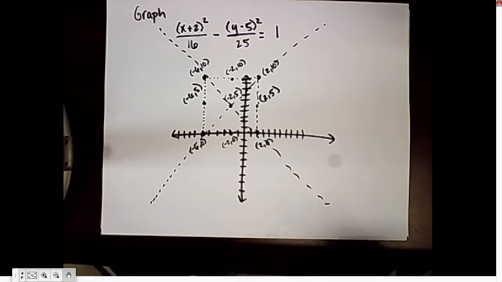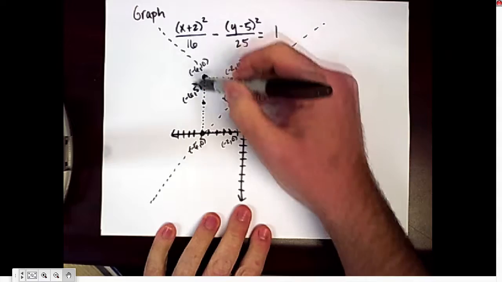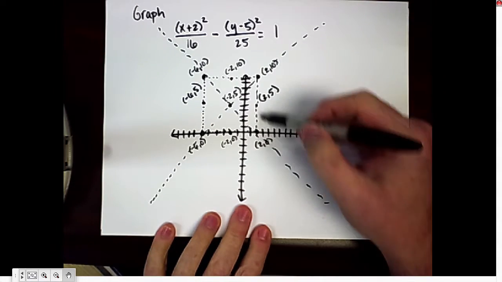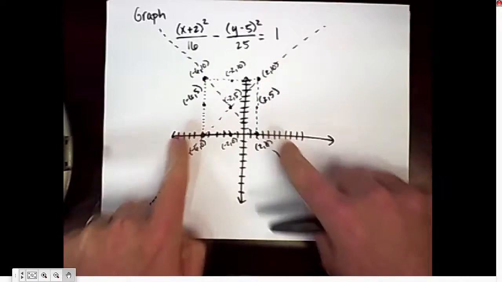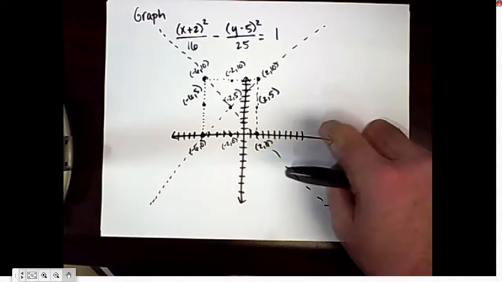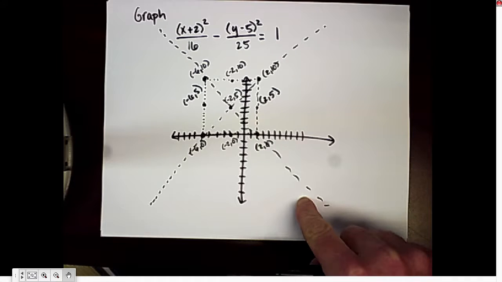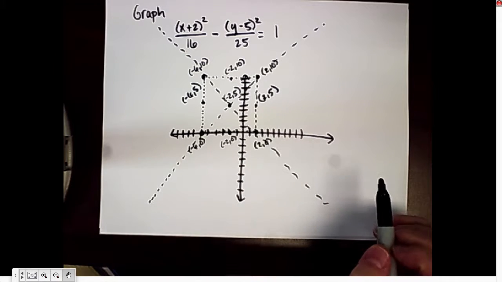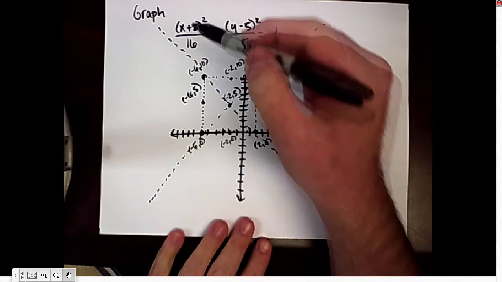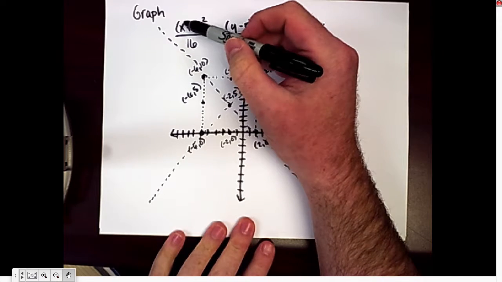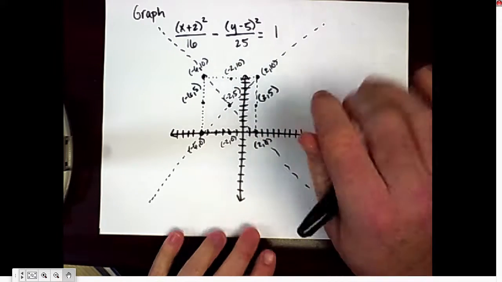So we're either going to have one that looks like this and this, opening left and right, or we're going to have one opening up and one opening down. The way you decide is whichever was positive. Your x is positive.